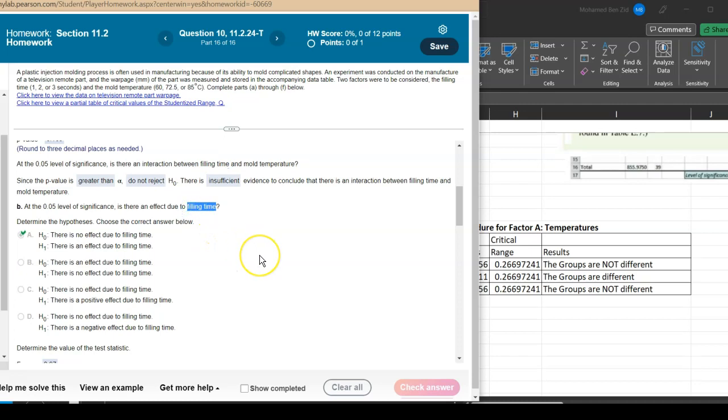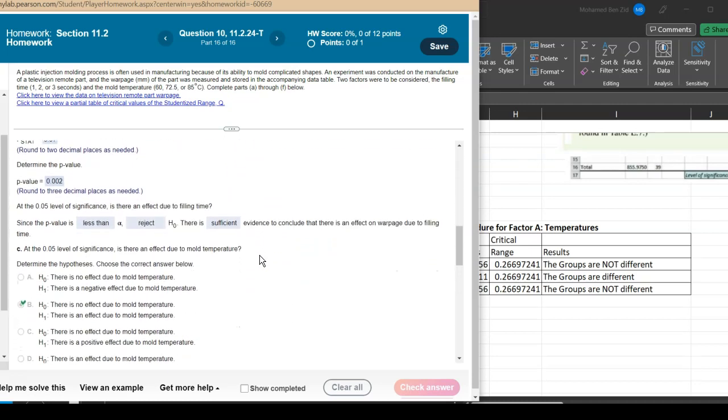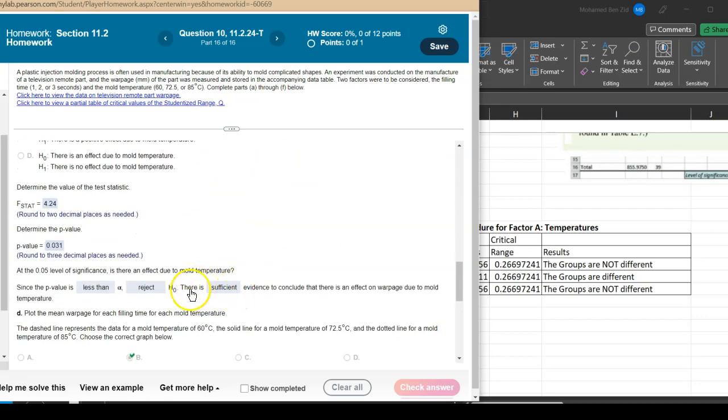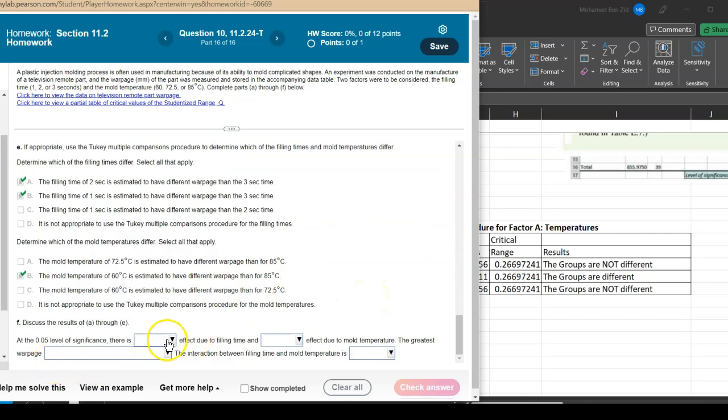There is an effect, and we have sufficient evidence, we rejected, that there is an effect for temperature as well. So for our statement, there is a significant effect due to filling time, and there is a significant effect due to temperature.